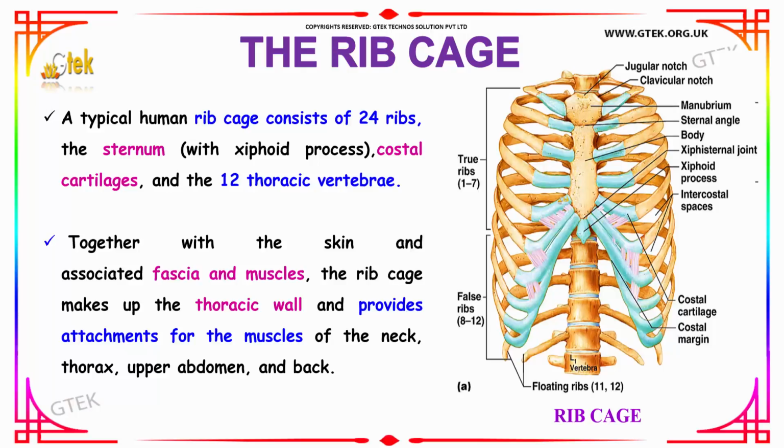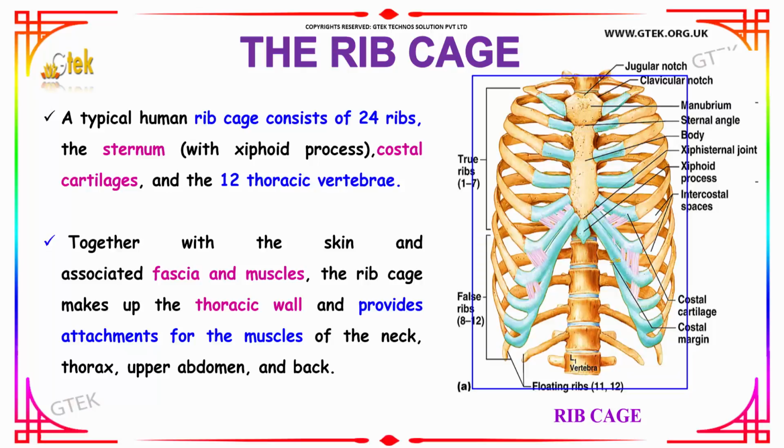The rib cage will make up the thoracic wall, which provides the structure and the attachment for the muscles of the neck, thorax, upper abdomen and the back.